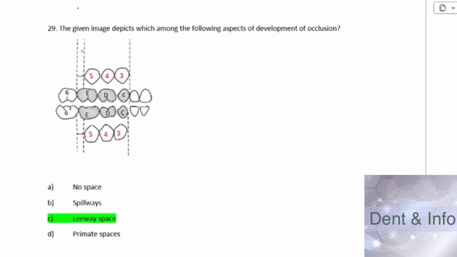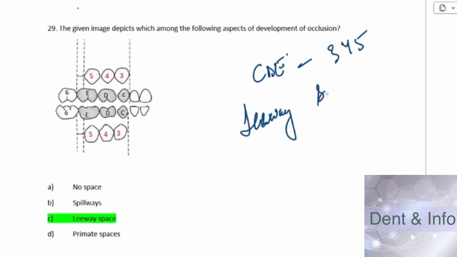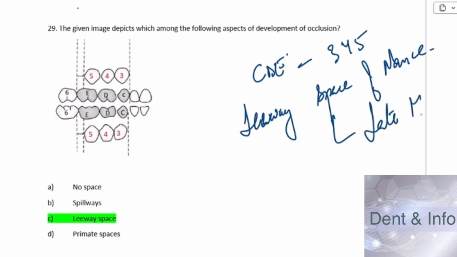The mesiodistal diameter of C, D, E is more than the collective mesiodistal diameter of 3, 4 and 5. This difference is known as the leeway space of Nance. Right? This is utilized in late mesial shift. And how much is the leeway space in maxilla?